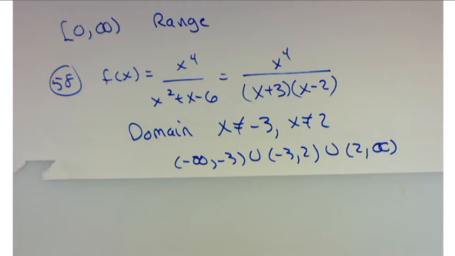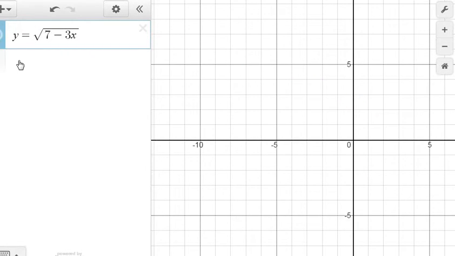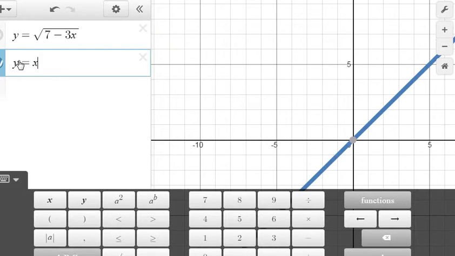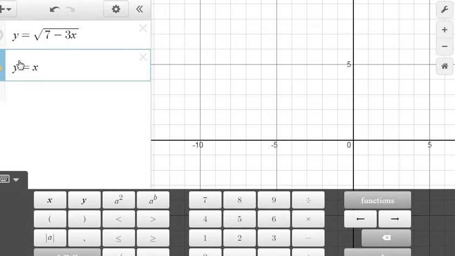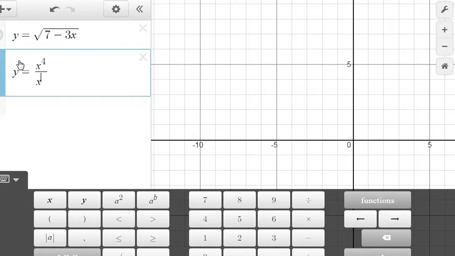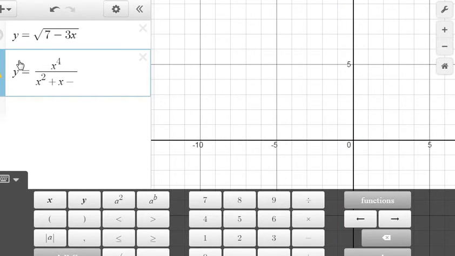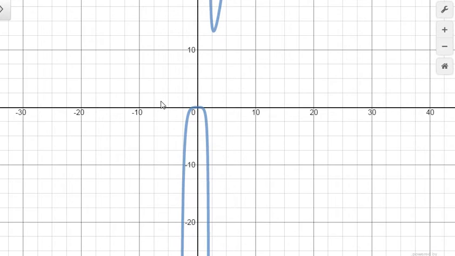Again, you can see it on the graph when we graph it. So let me go to the graph here, shut this one off. Y equals x to the fourth divided by x squared plus x minus 6. All right, so let me zoom out a little bit.